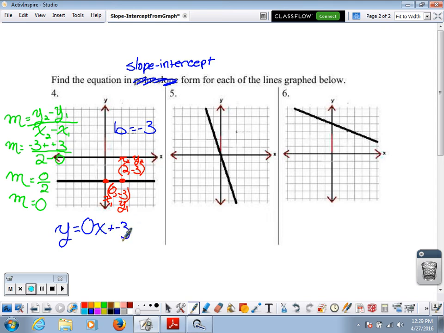Good. y equals 0x plus -3. Now, that looks kind of weird though, doesn't it? Abby, what's 0 times x? 0. And what's 0 plus -3? -3. So we can get rid of that 0x plus, and just have y equals negative 3.